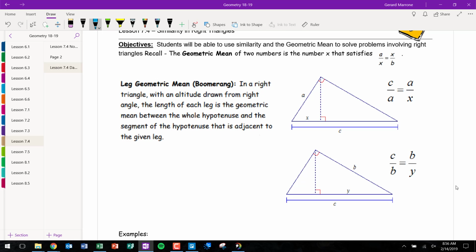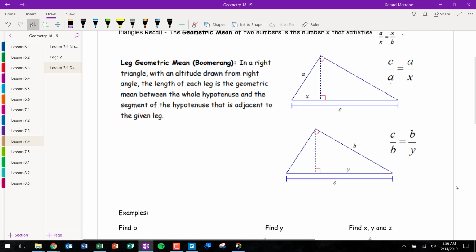And it creates a geometric mean. We have two of the same variable, and we can cross multiply and solve there. And then if we did the same thing with our medium triangle and our large triangle, it's the same thing. It's hypotenuse over hypotenuse equals long leg over long leg, and we end up with the geometric mean there as well.